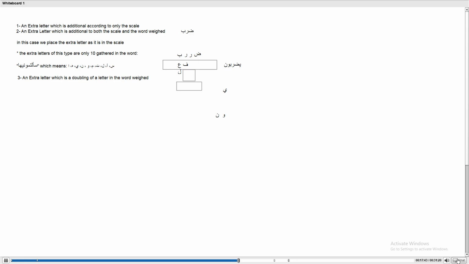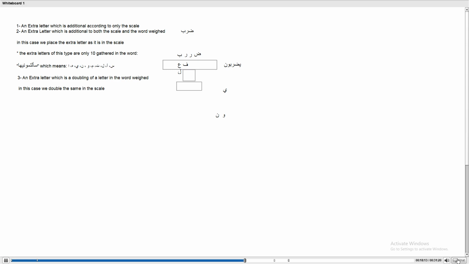Now in this case, what do we do? Yani, how do we weigh this word? In this case, we double the same in the scale.